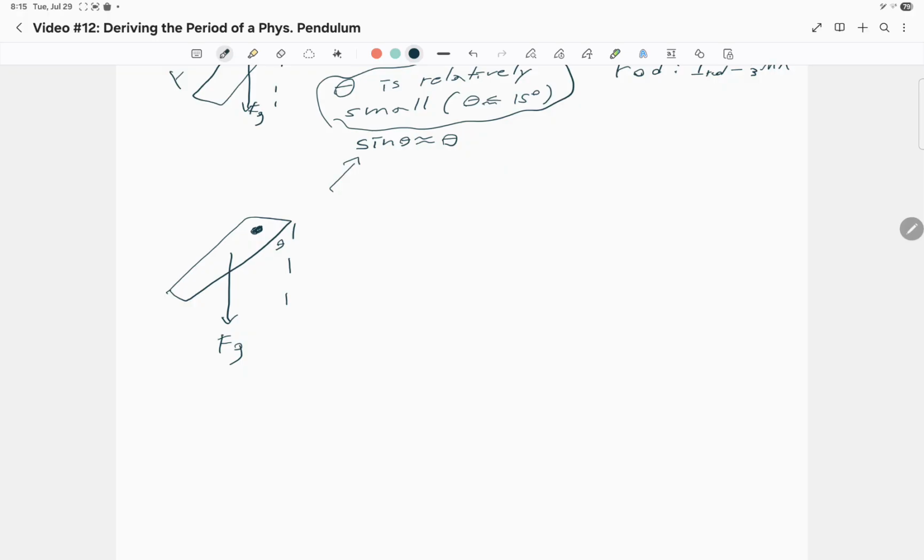If we want to find the perpendicular component of this force due to gravity, which we're concerned with when we're finding the torque, we're going to use the fact that this angle is the same as that other angle I drew. So the perpendicular component of gravity is going to be sine of that angle times the magnitude of that gravitational force.